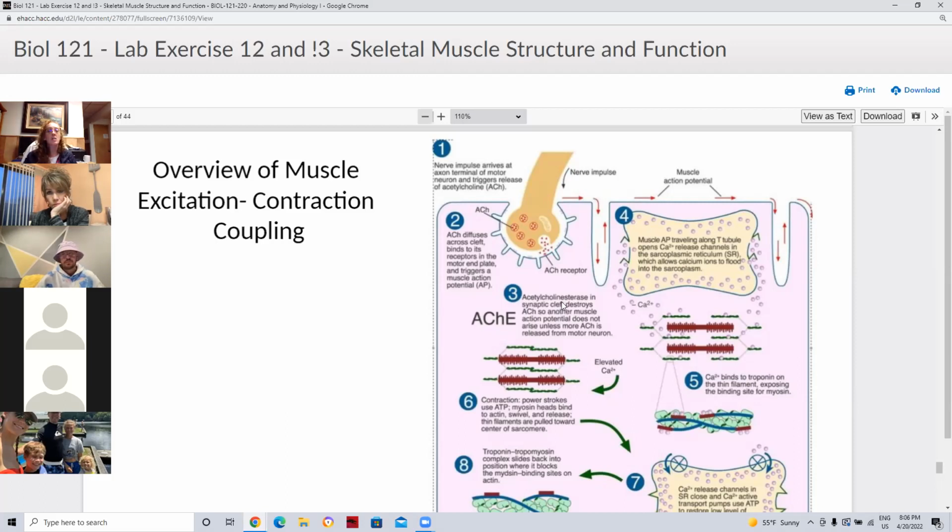Acetylcholinesterase will destroy the acetylcholine so that another action potential does not arise unless more acetylcholine is released from the motor neuron. As that end plate potential moves across the sarcolemma, it moves down into the T-tubules and opens calcium release channels in the sarcoplasmic reticulum, which allows calcium to flood the sarcoplasm.